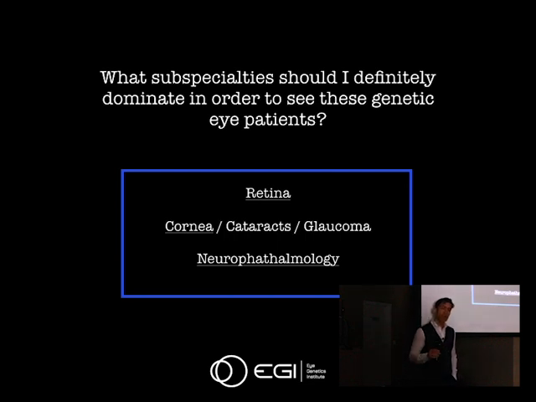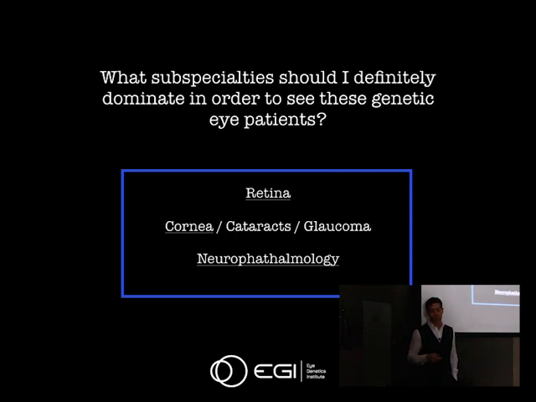And we also have to know a lot of neuro-ophthalmology, because we also have many genetic eye diseases affecting the optic nerve, the optic chiasm, and also retinal and neuro-ophthalmological conditions combined. We can also see alterations in the optic disc and also in the retina.